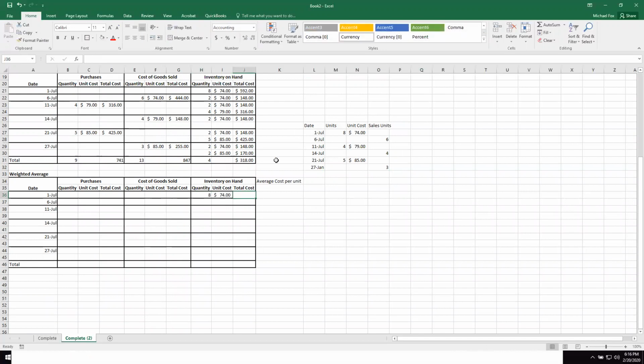Then on the 6th of July, we sell 6 of those units that cost $74, leaving us with 2 units that have a cost of $74. Here, we could figure out our total cost the same way, right? It's the quantity times the unit cost. And if we wanted to figure out our average cost, we would just take the total cost and divide it by the quantity, which right now is obvious because we only have these units that cost $74.